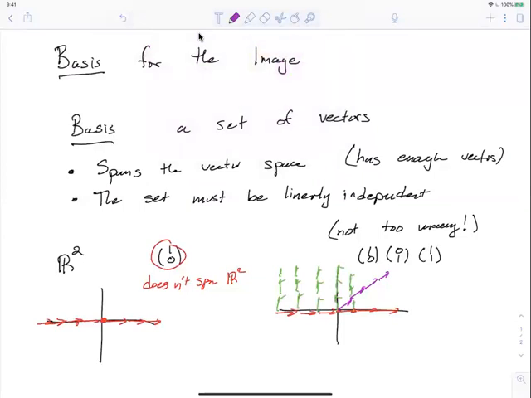So when you finish this grid, it's going to look like this. Here you have too many vectors, so this one fails this condition. This is not linearly independent. And as you'd expect, R2 is two-dimensional, so we expect it to have two basis vectors.